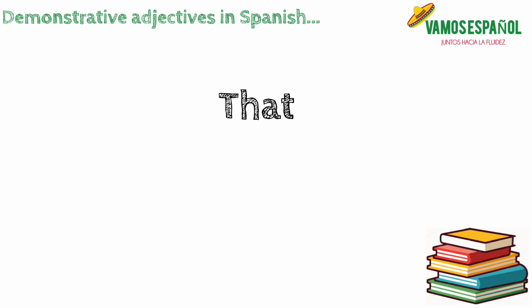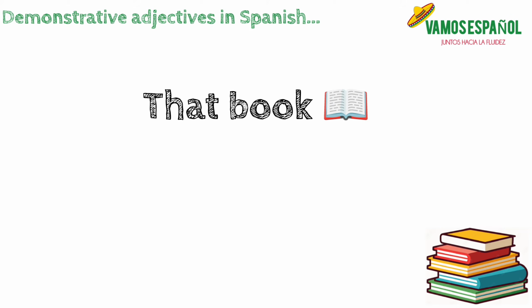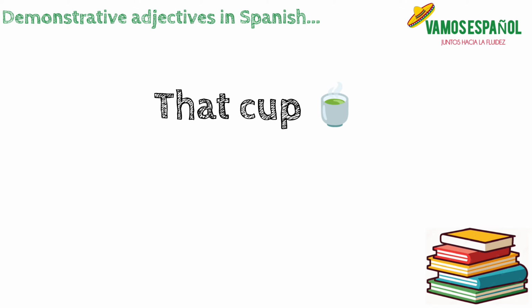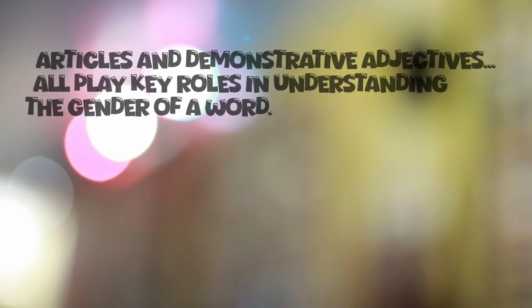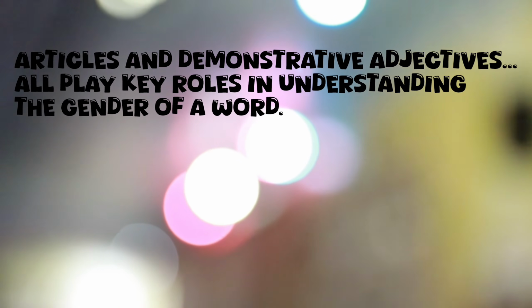The word for that is ese for masculine words and esa for feminine words. So that book would be ese libro and that cup would be esa taza. So I believe you're beginning to get the entire idea here on how to use these gender fluid words and their articles and demonstrative adjectives.